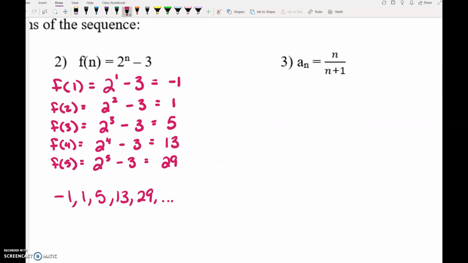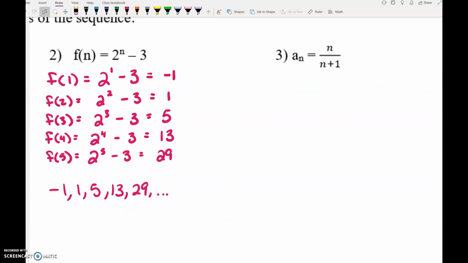And then some sequences are just kind of funky. N over n plus 1. So our first term, we do 1 over 1 plus 1. That gives us 1/2.